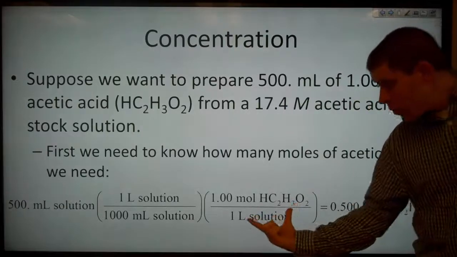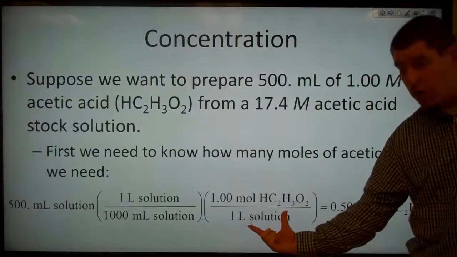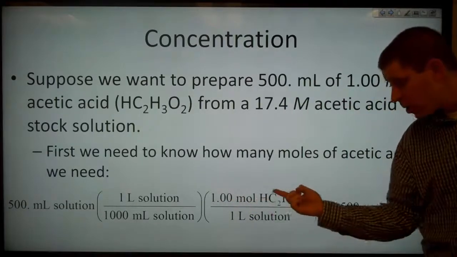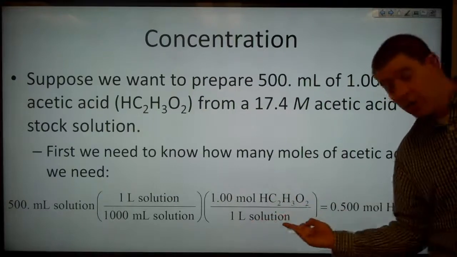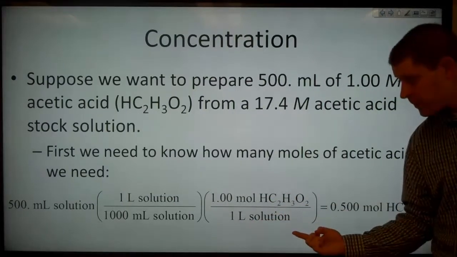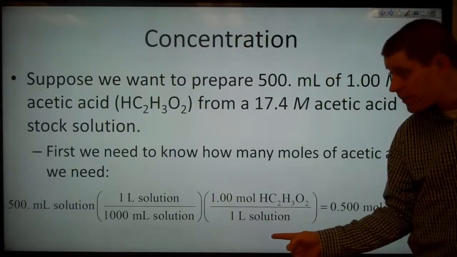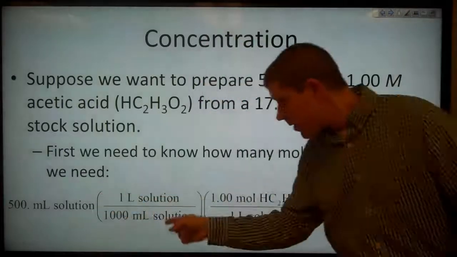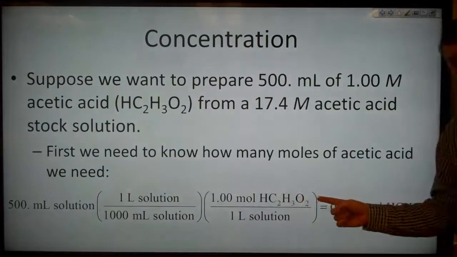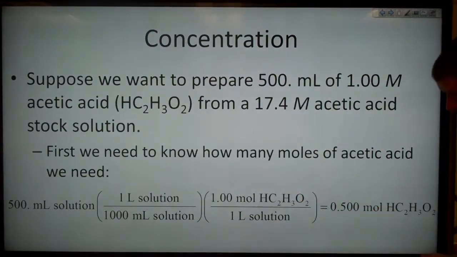And then we want a solution that is 1 molar. We know that that's 1.00 moles of acetic acid per liter of solution. So note here that now our milliliters and liters of solution will have gone away, and now we'll end up with units of moles. So we need 0.500 moles of acetic acid.